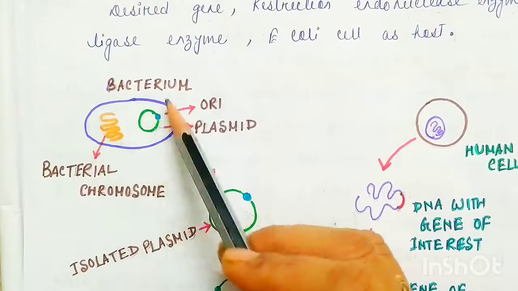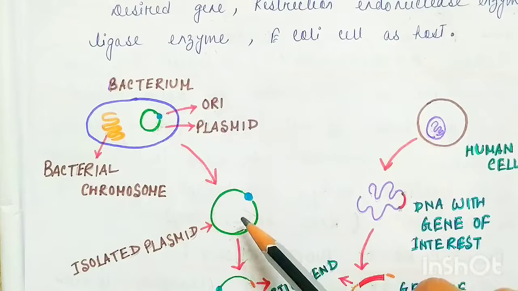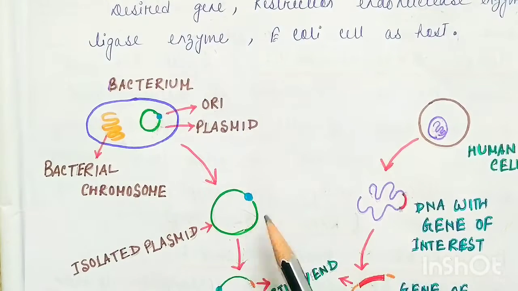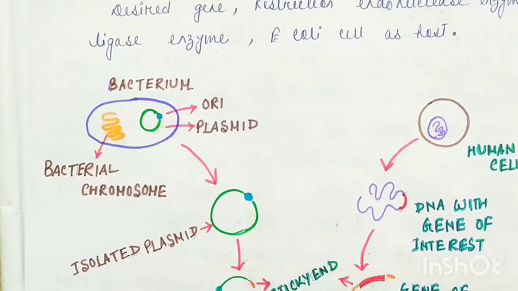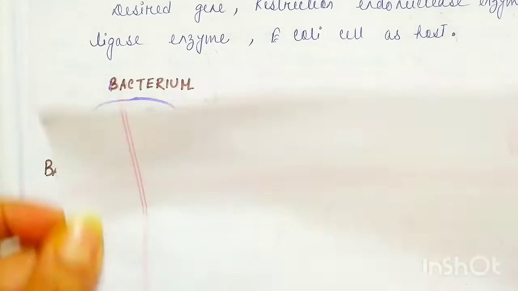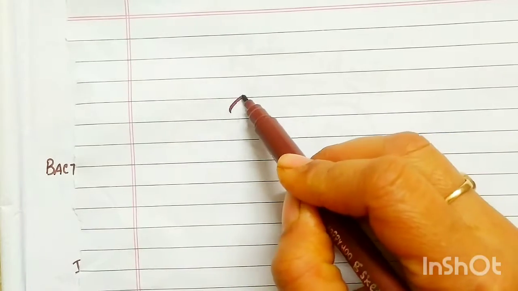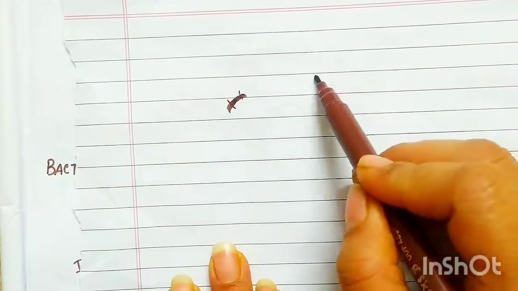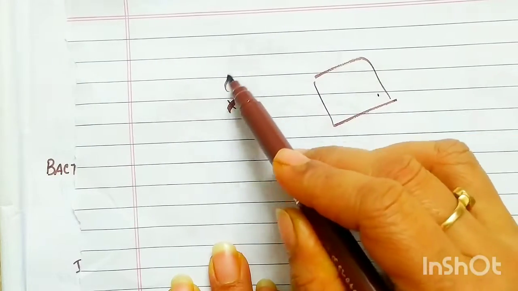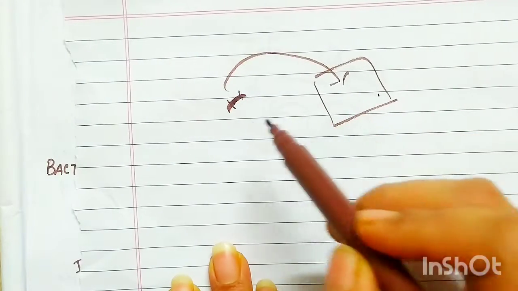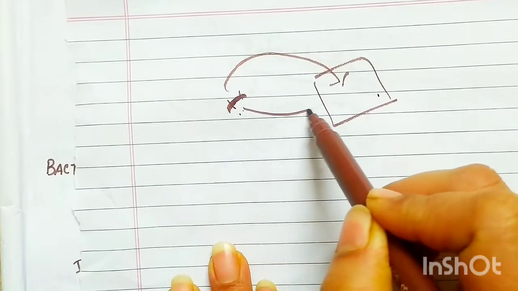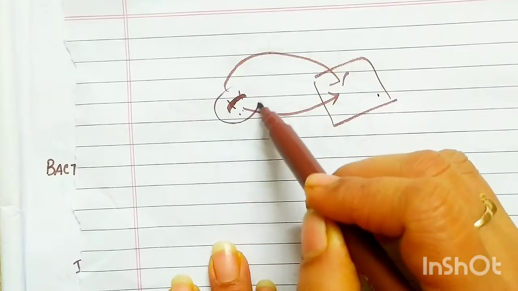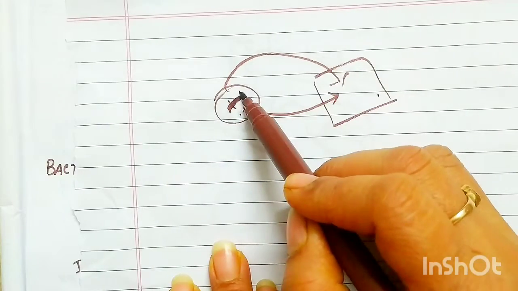Then from this bacterial cell we have to isolate the plasmid. Why do we have to isolate the plasmid? Because this plasmid will work as a molecular vehicle. What does molecular vehicle mean? Suppose this is a gene, the desired gene, and we need this gene. Then this is a host where we have to introduce this gene. But this gene cannot be directly introduced into the host, since within the host it will not be able to maintain itself.